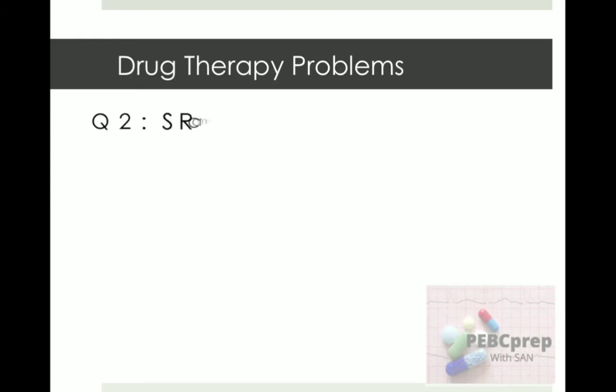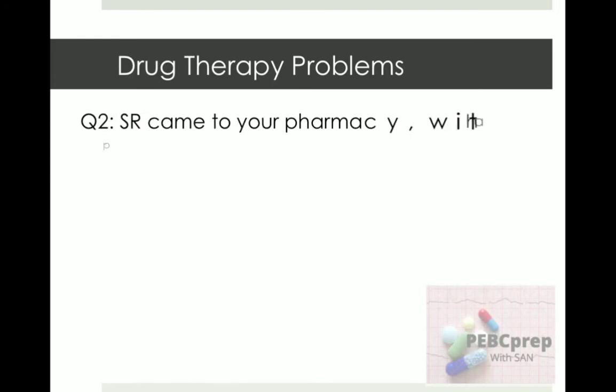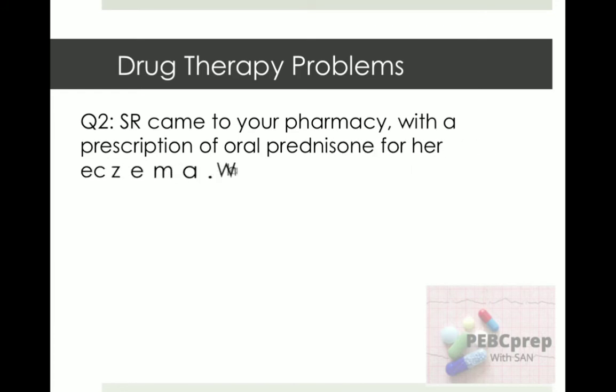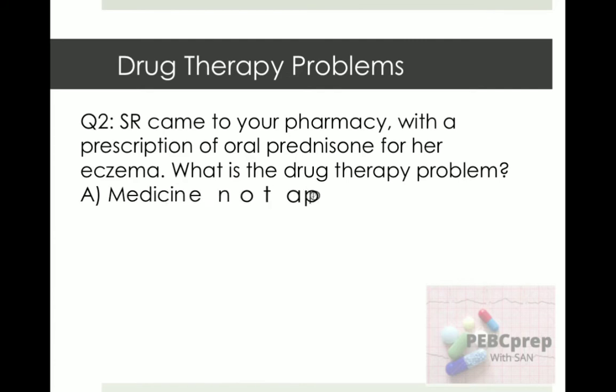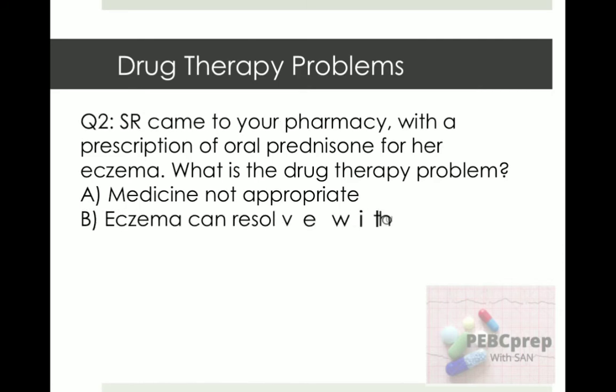Then another example: SR came to your pharmacy with a prescription of oral prednisone for her eczema. What is the drug therapy problem? Option A, medicine not appropriate. Option B, eczema can resolve without any drug.